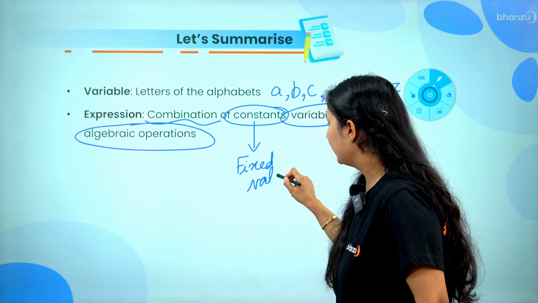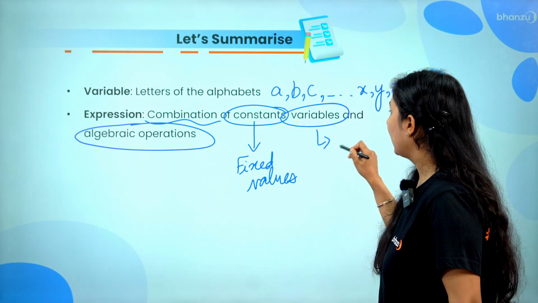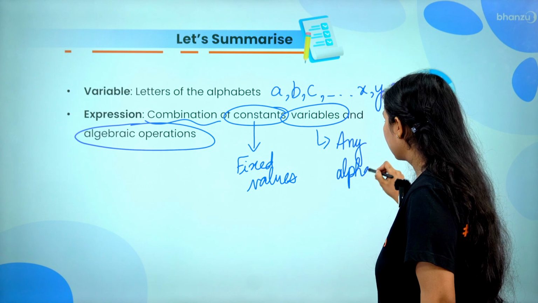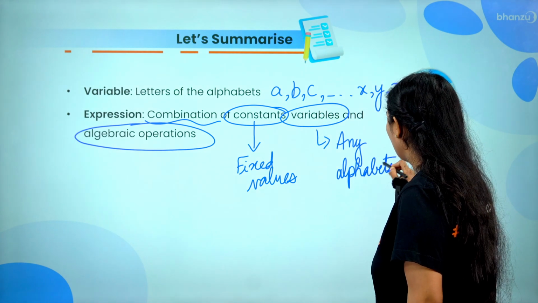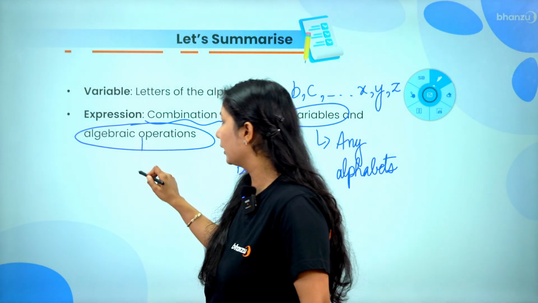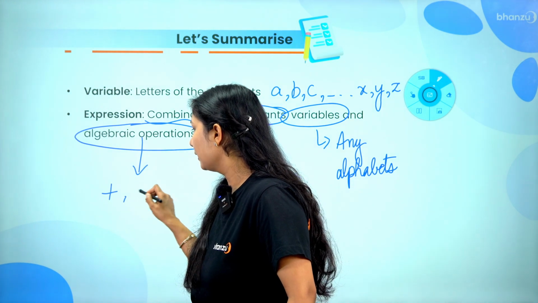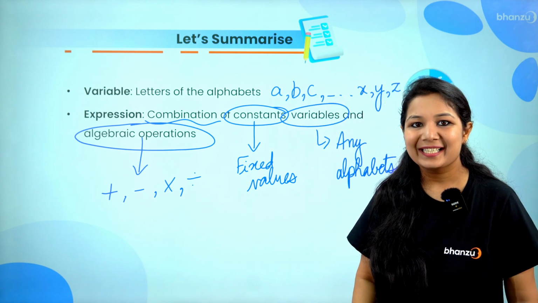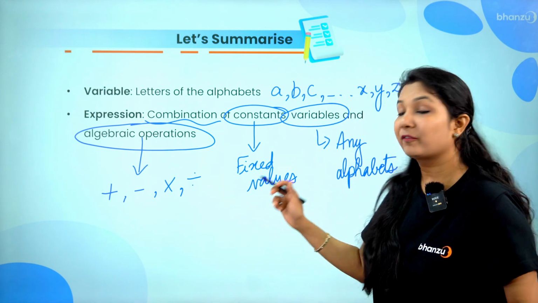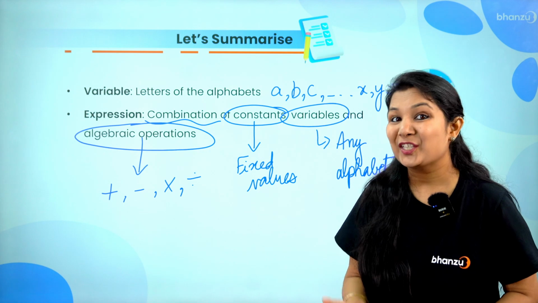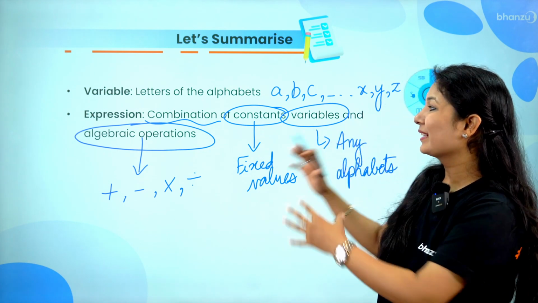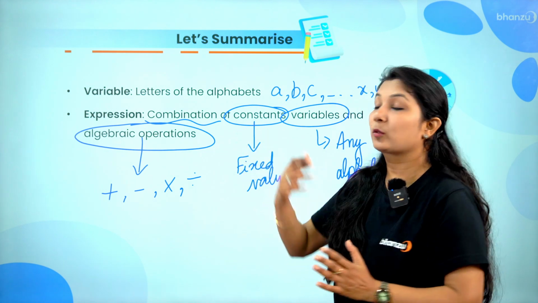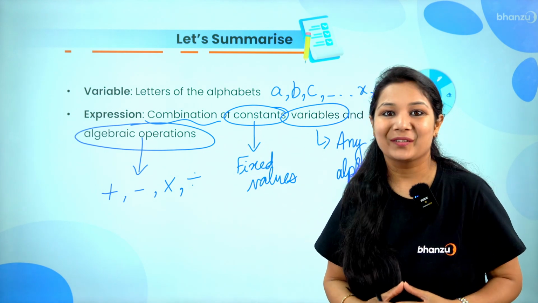What are variables? They are any alphabets out of the 26. And what are mathematical or algebraic operations? It's plus, minus, multiply or divide. So when these three things are combined, constants, variables and algebraic operations, we get an expression out of it, right?